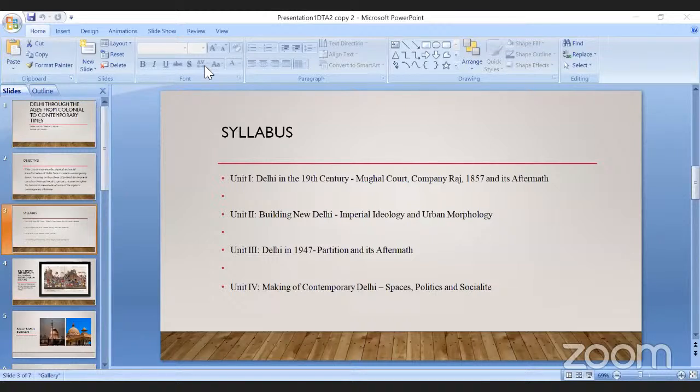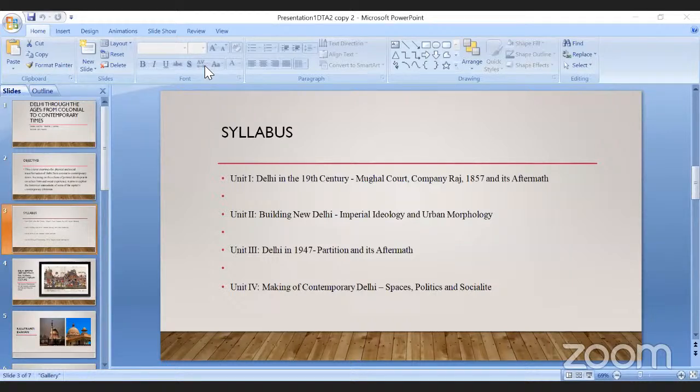Both coexisted simultaneously in the first half of the 19th century, and how the relationship was between them, and how it also affected the cultural and social milieu of Delhi. In this unit, we discuss in great length the 1857 revolt, and also what happened after the revolt in Delhi. We are not dealing with all of India, but how it impacted Delhi.